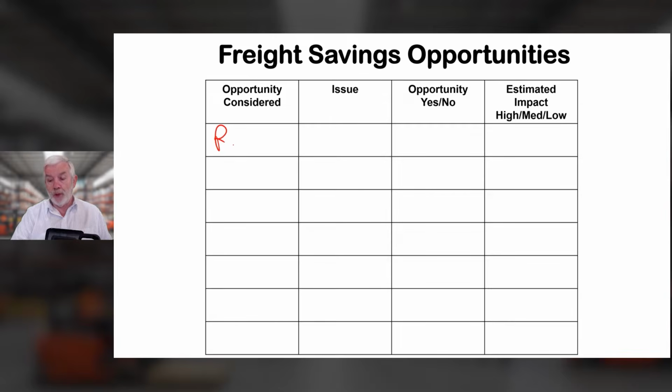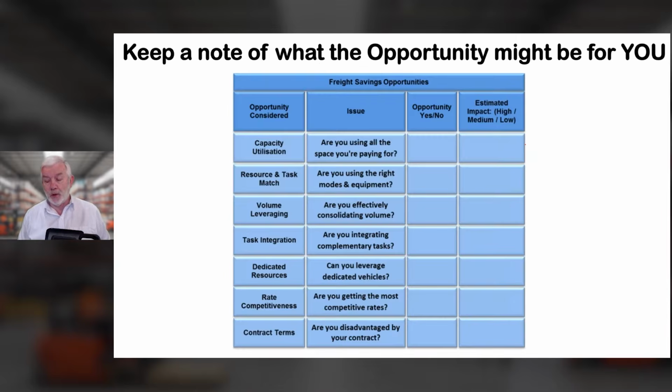So, for example, it might be rates, and then you can make a note about whether it's an issue or not for you, whether it's an opportunity that you're going to chase or not, and the potential impact on it, so that by the end of the 20-minute session, you'll have an idea of maybe 2 or 3 areas that you can focus on for improvement. Okay, and that's what it's going to look like by the time you're finished, and we'll come back to that.